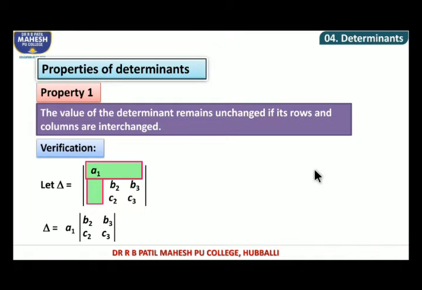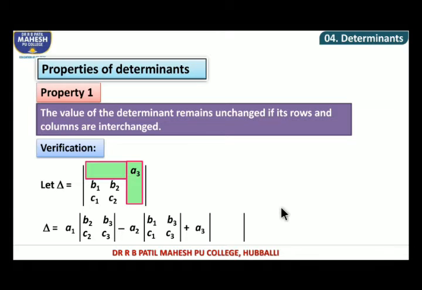Already students, I have told you, consider the signs here: plus, minus, plus. So for the second element we have the sign minus. Next write down the element a2 into the determinant b1, b3, c1, c3. Next, for the third element we have the sign plus, a3 into the determinant b1, b2, c1, c2.